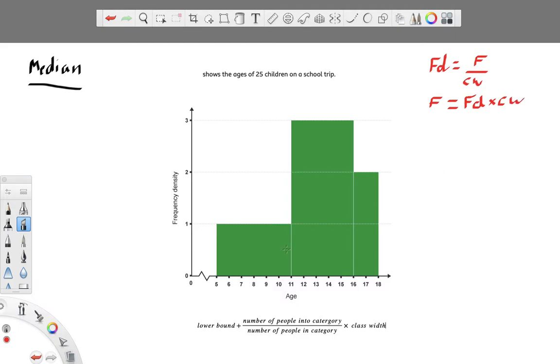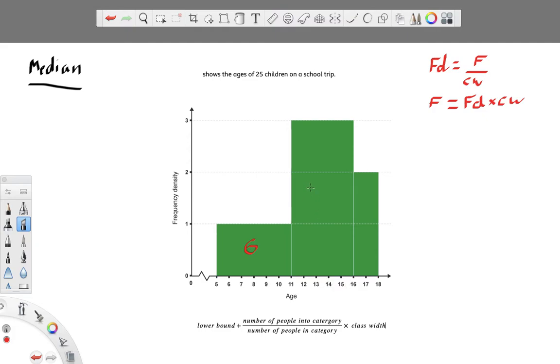Okay, so we can jump straight in and start doing that. So the frequency density of the first part of the histogram, that's 1, and we're timesing by the class width, which is from 5 to 11, which is 1, 2, 3, 4, 5, 6. So it's 1 times 6, which is 6. The second bar, the frequency density is 3, and the class width is 1, 2, 3, 4, 5.